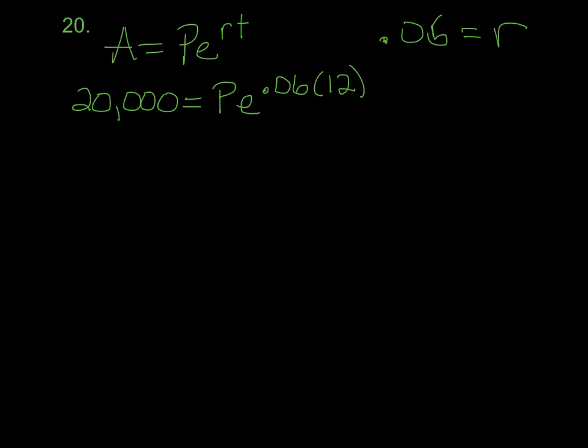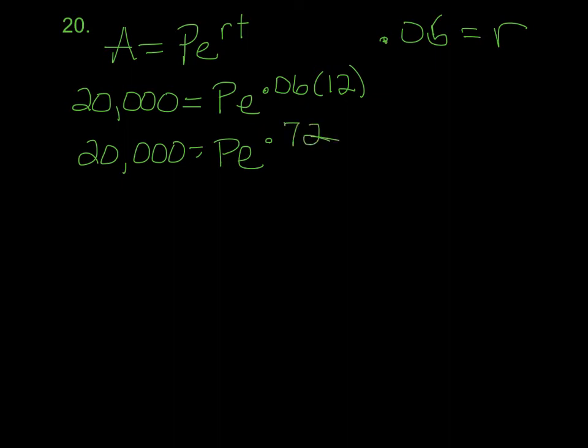So what we're going to start by doing is just bringing down the left side, keeping that P and that e, and let's multiply 0.06 times 12. And when you do that, you're going to get 0.72.